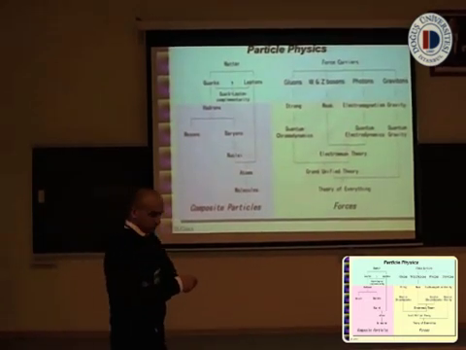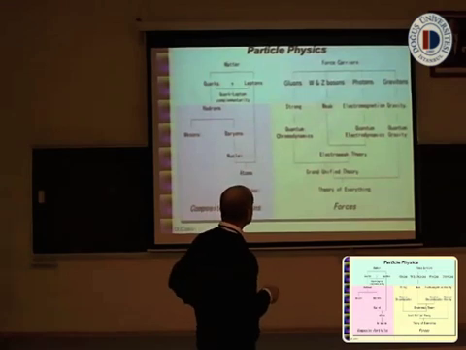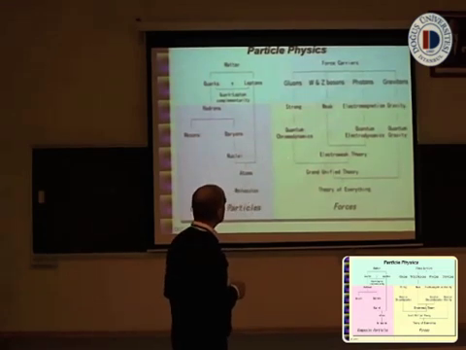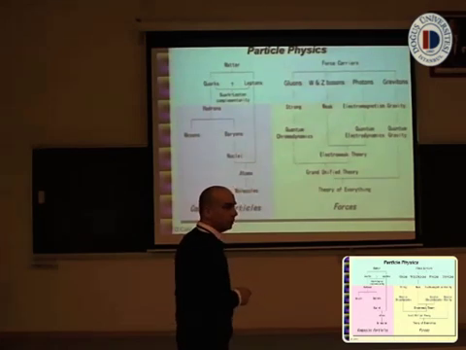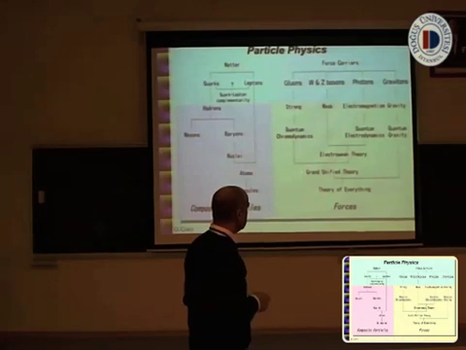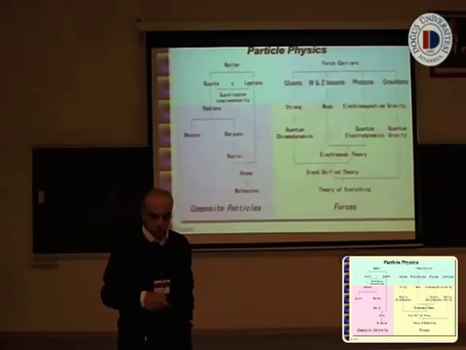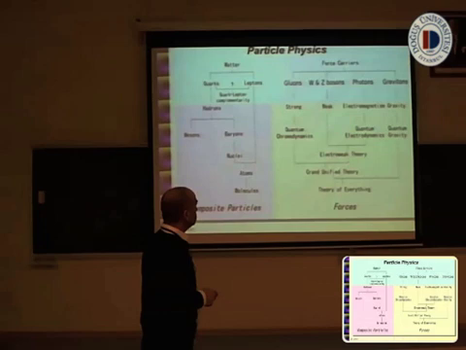In this panel, you see the strong interaction, the weak interaction, and the electromagnetic interaction. Three of them can be combined in a unified theory, the grand unified theory, shortly called GUT.